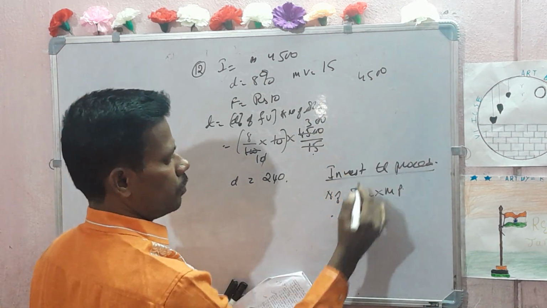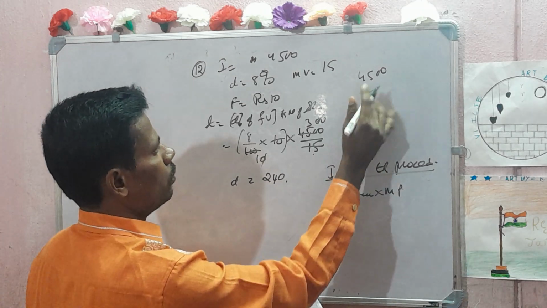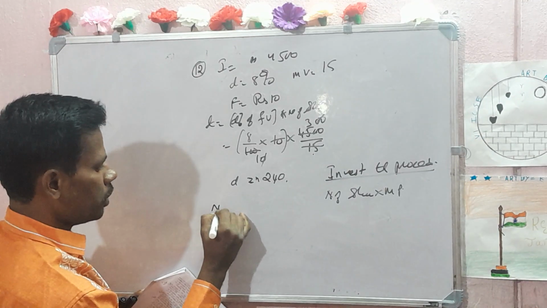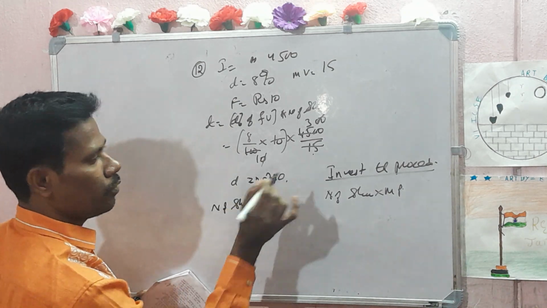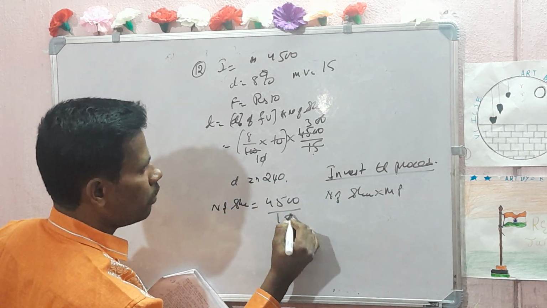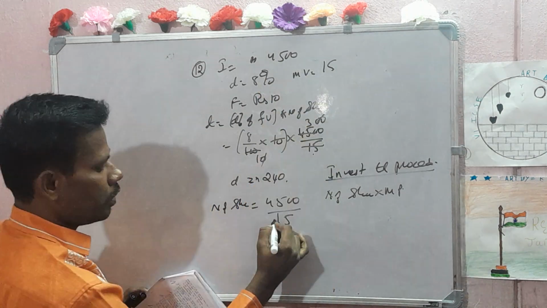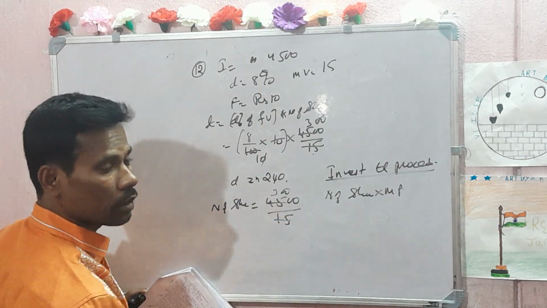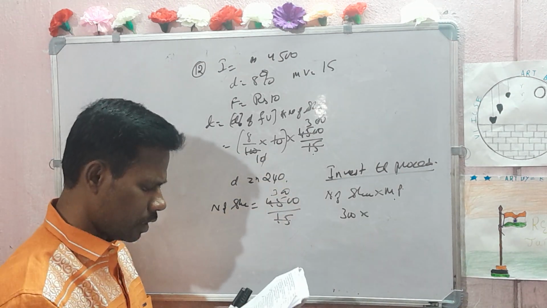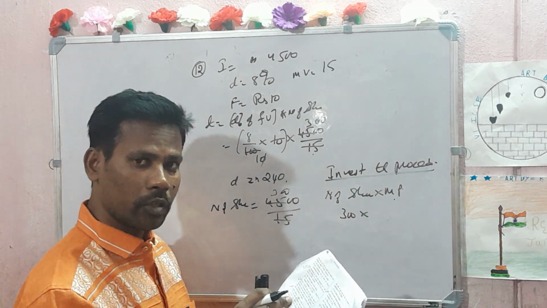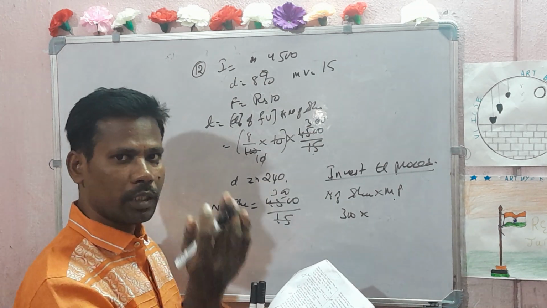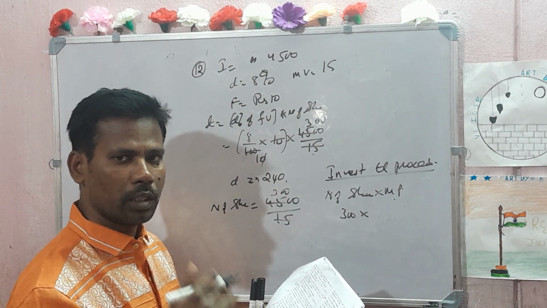Number of shares is total investment by market value: 4,500 by 15, which is 300. So 300 into market price. He has given the market price: when the price rises to 30.